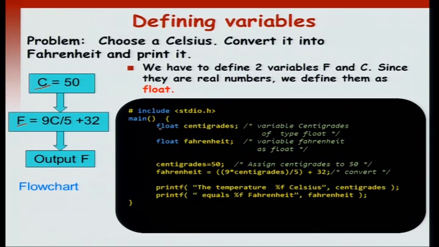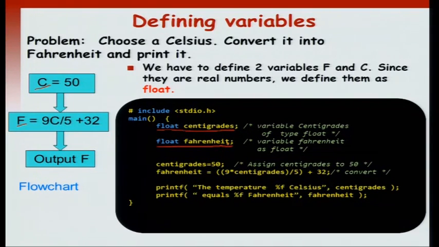One is the variable declaration float centigrades, and then the second is another variable float Fahrenheit. So centigrades corresponds to C in the flowchart and Fahrenheit corresponds to F in the flowchart. So I write the following code which is supposed to implement the flowchart on the left.